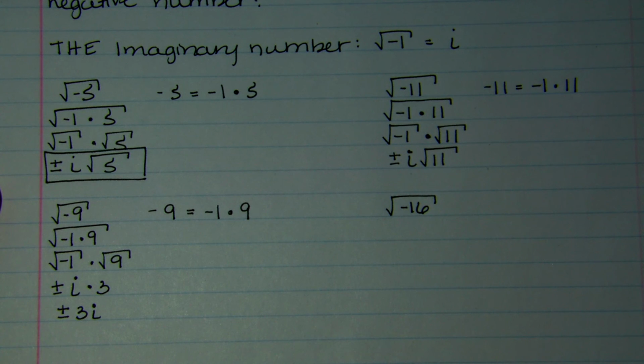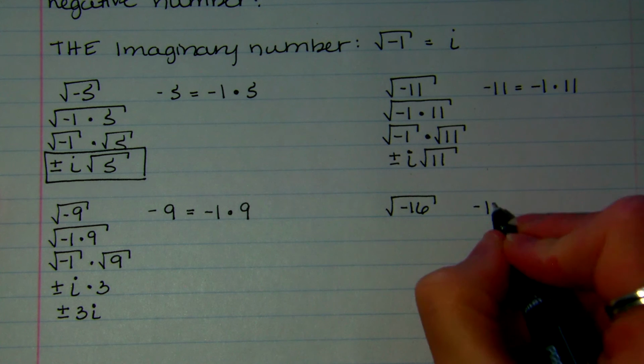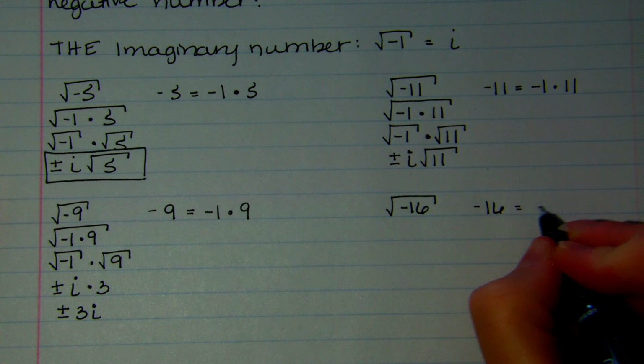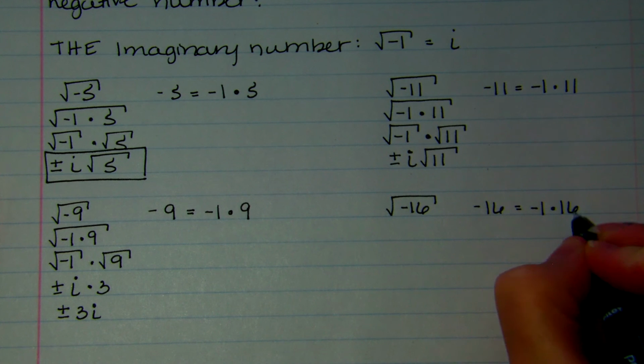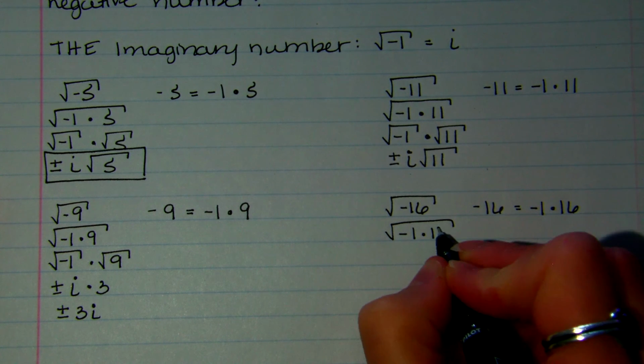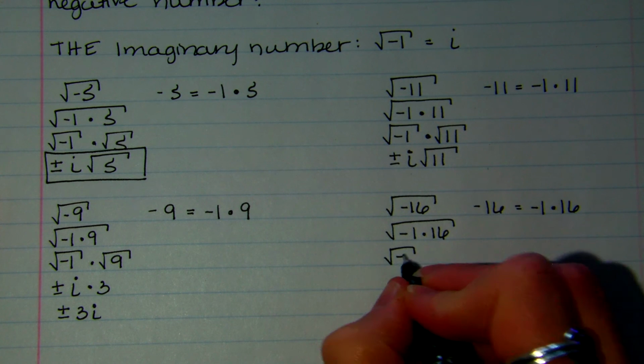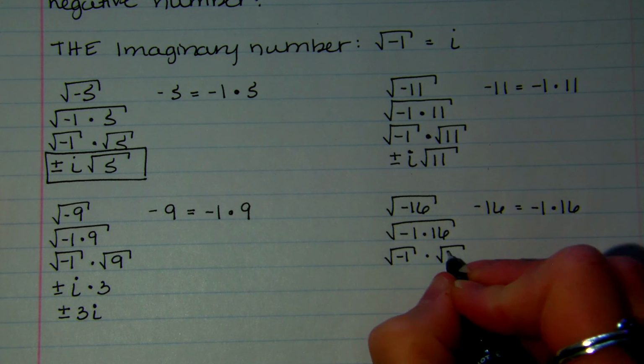The square root of negative 16 is done the same way. We know negative 16 is the product of negative 1 and 16. And so I can rewrite this as negative 1 times 16 under the square root, and then rewrite it again as the square root of negative 1 times the square root of 16.